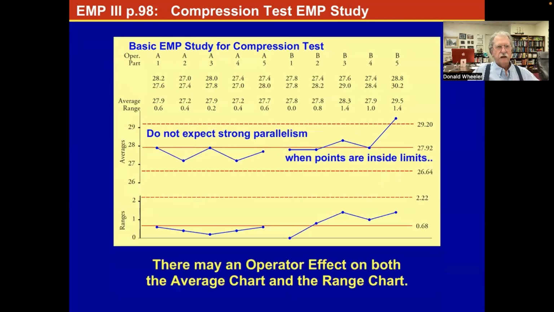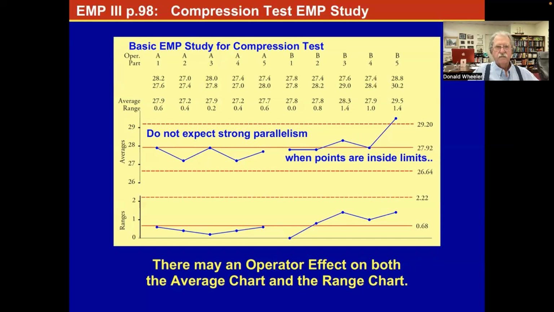We do not expect strong parallelism when the points are all inside the limits, or almost all inside the limits. We expect strong parallelism when the points are going outside the limits, not with them falling inside. There may be an operator effect on both the average chart and the range chart.